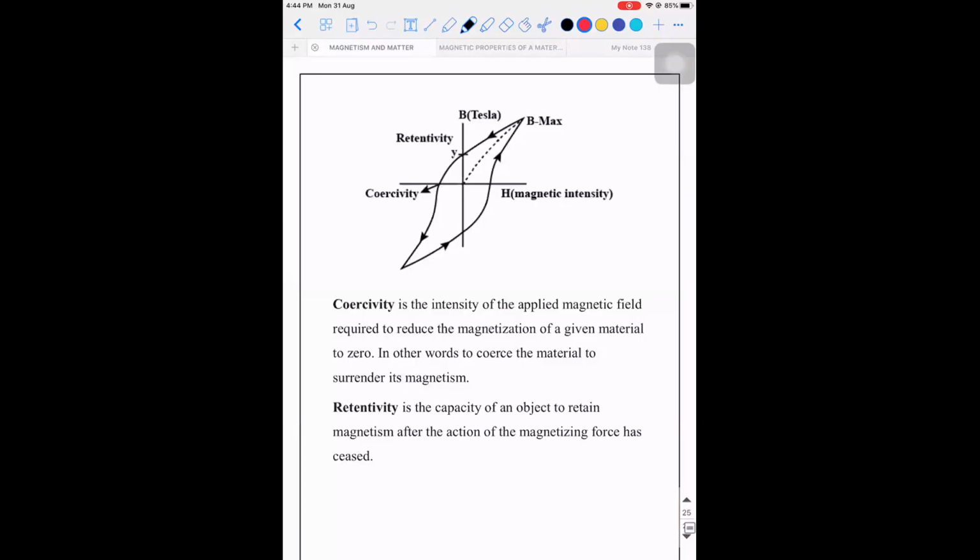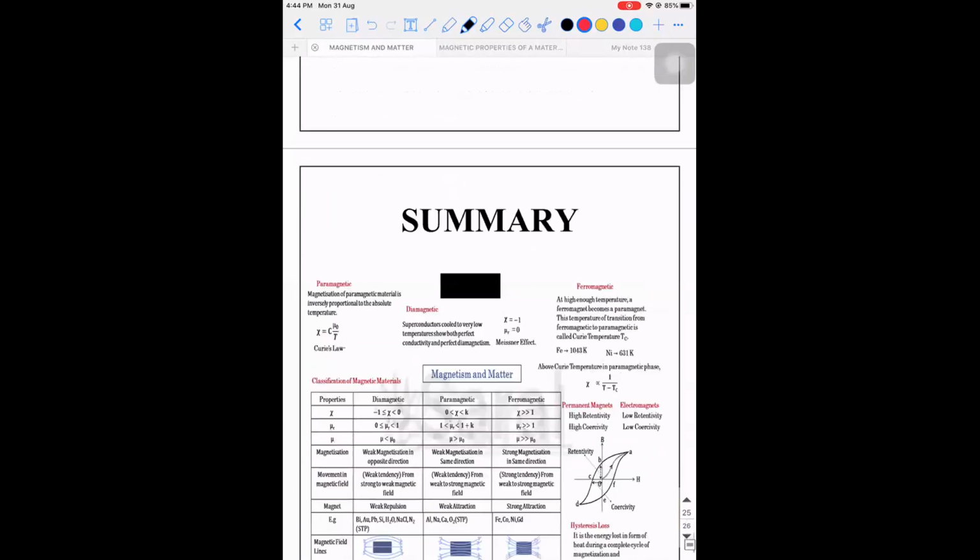Okay. Next is relative permeability. So relative permeability of this material is between 0 and 1 for a diamagnetic substance. For a paramagnetic substance, it is slightly greater than 1. Okay, 1 plus epsilon, where epsilon is some positive number.